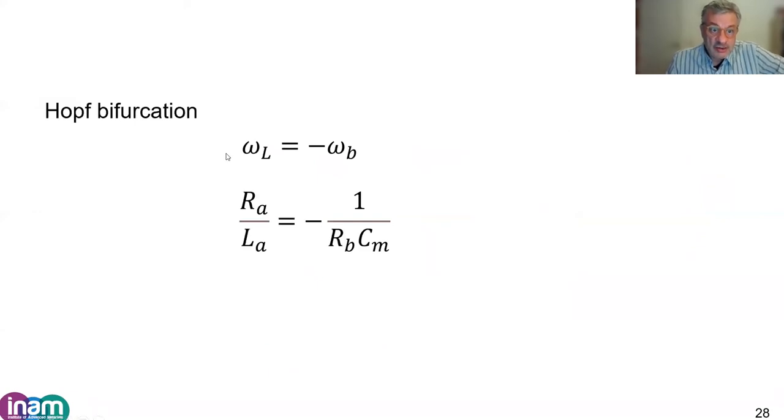We can also characterize the Hopf bifurcation, which is when this condition between the L and the B is satisfied, and then it corresponds to this condition between the circuit elements. To have a Hopf bifurcation, one of the three elements has to be negative, or the three have to be negative. For now, we have seen examples in which R base is negative, and then this condition can be satisfied.